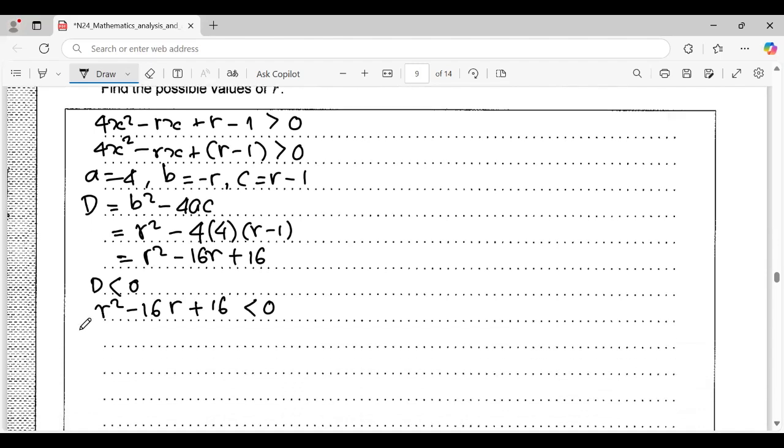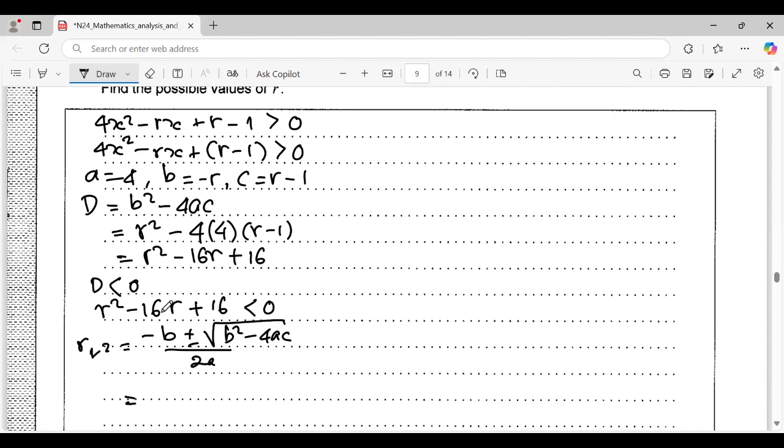So we can determine r using the formula: minus b plus or minus the square root of b squared minus 4ac, over 2a.